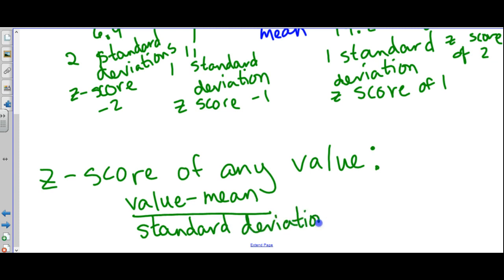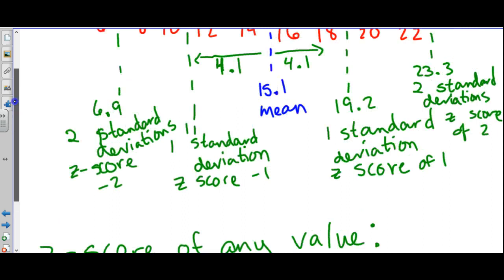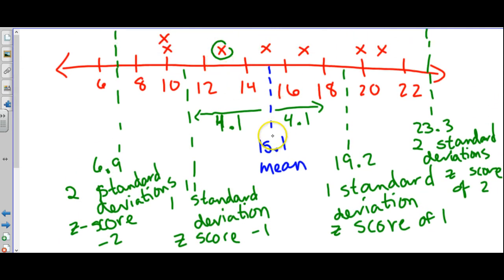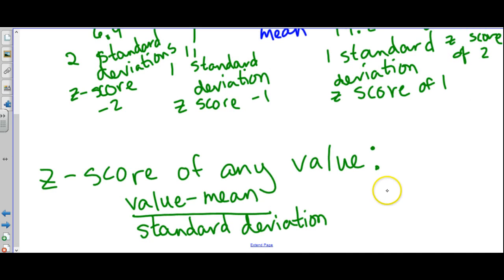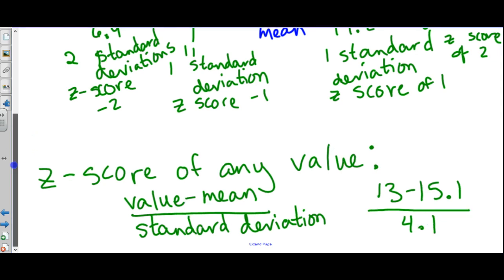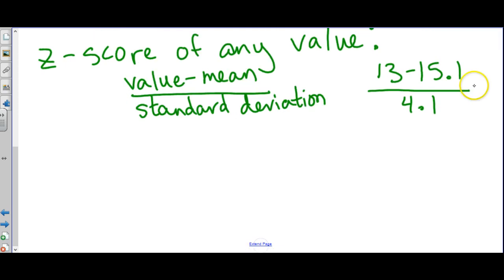So for the data we were working with, I said let's look at 13. It had a mean of 15.1 and a standard deviation of 4.1. So for 13 minus 15.1, because 13 was the value, 15.1 was the mean, the standard deviation was 4.1, that would equal negative 2.1 divided by 4.1, or negative 0.512.